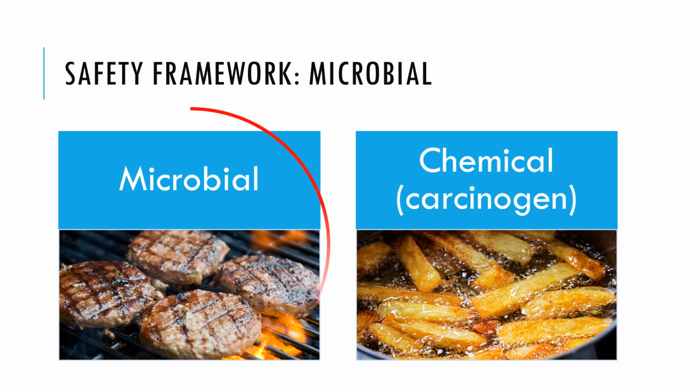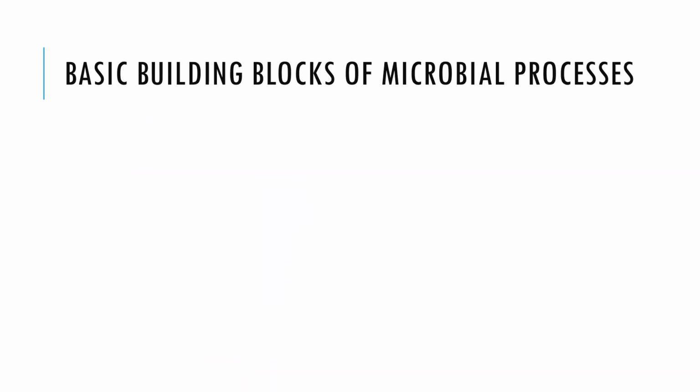Here we get into the first one of the two types of food safety that we will present frameworks on, the first one being microbial safety. To build a framework, we want to break down microbial safety or microbial contamination into its fundamental building blocks.